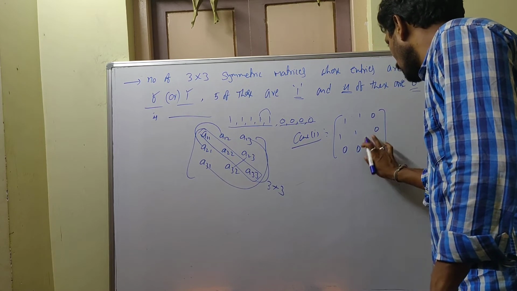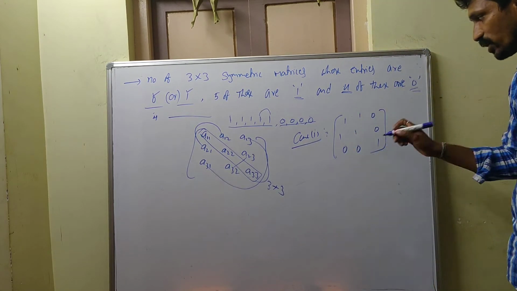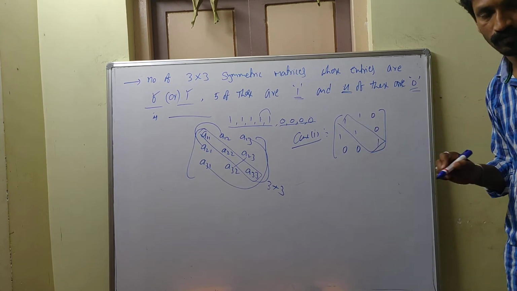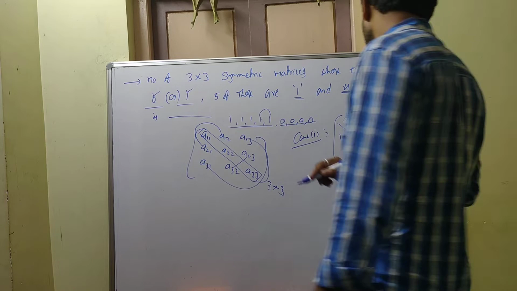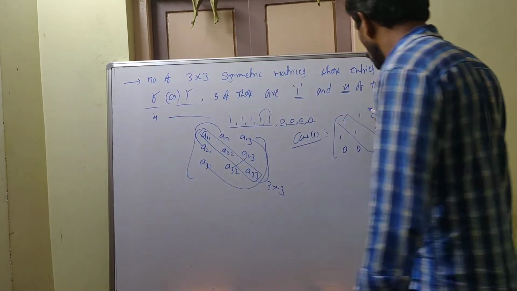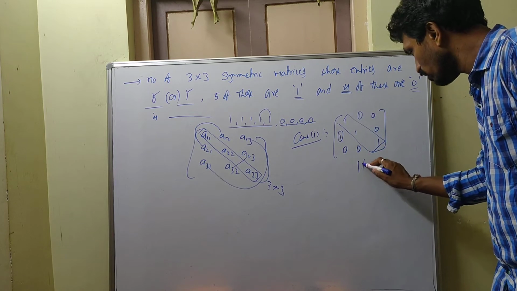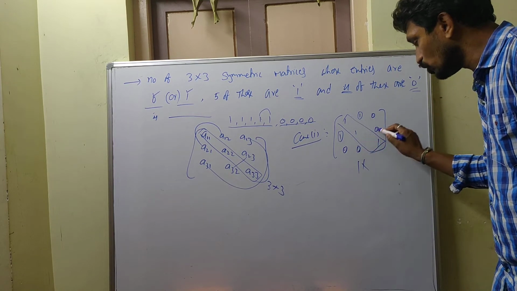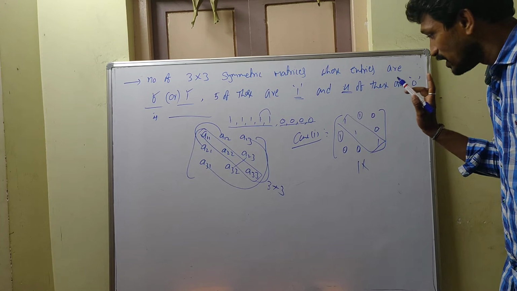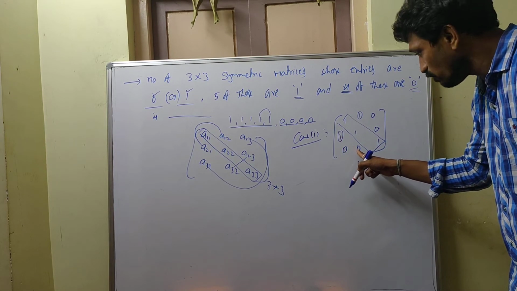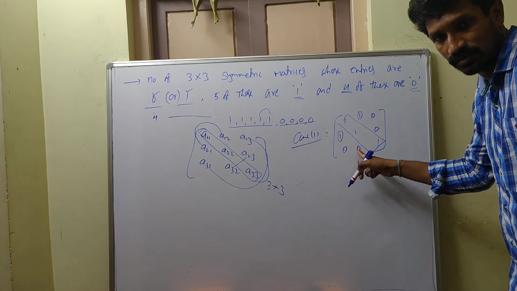How many possible ways can you fill? All of these are ones, and for the rest, we can fill here ones, and here 0 0.